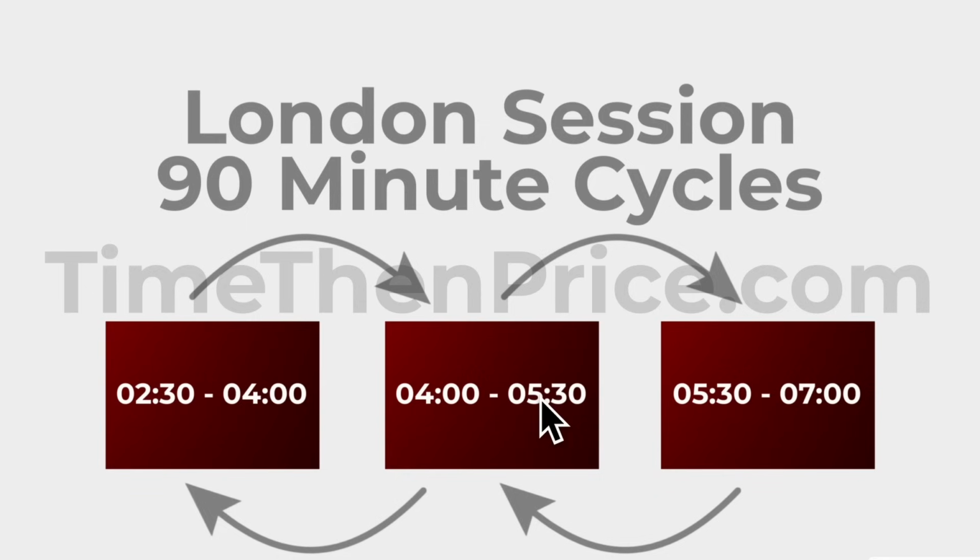The main sessions for the index futures are the New York morning and New York afternoon session. However, I know that some people can only trade London, and therefore I'm going to be showing London to you as well, because for London there are specific things which we can be paying attention to. But in my opinion, your focus has to be on the sessions which are likely going to provide the majority of the daily move, the majority of the daily range.